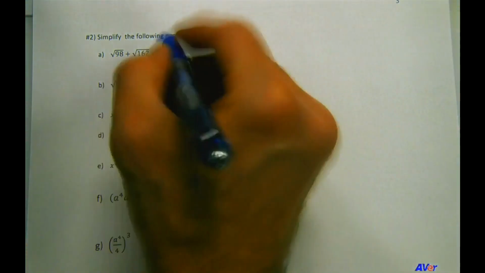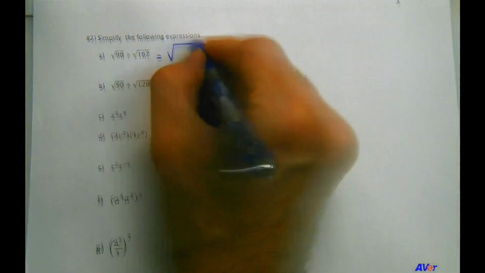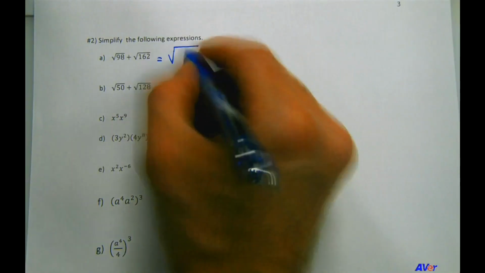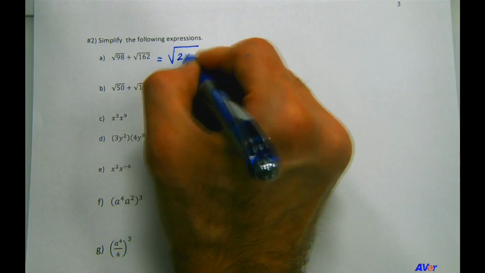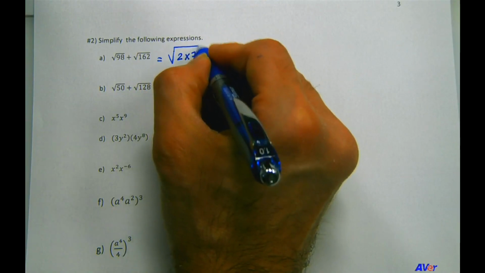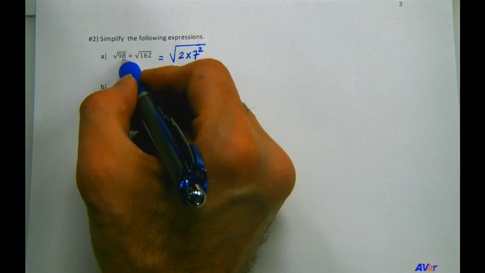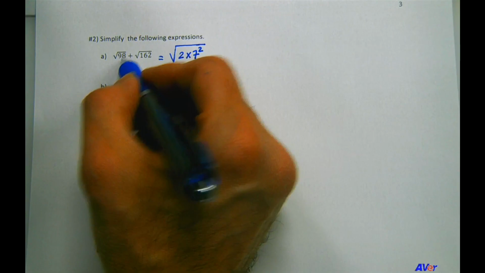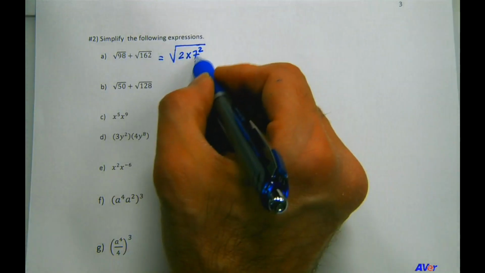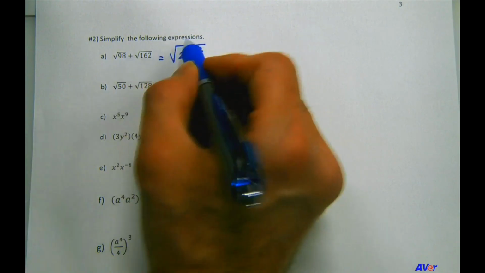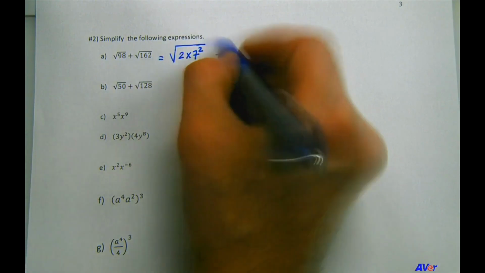We can rewrite the first one in terms of 2 times 7 squared, right? Because I just showed on the calculator that 98 is equal to 2 times 49. And 49 can be written as a perfect square term, which is what we like because this is a square root. And then plus, how about this?